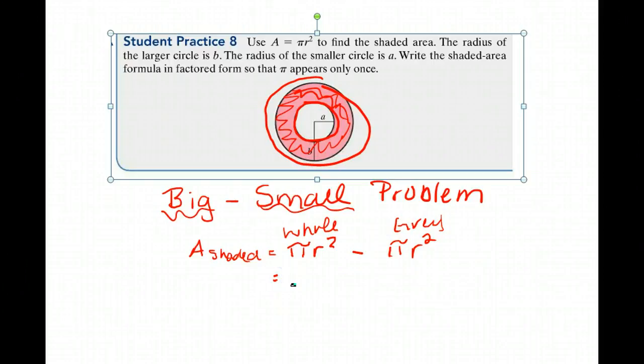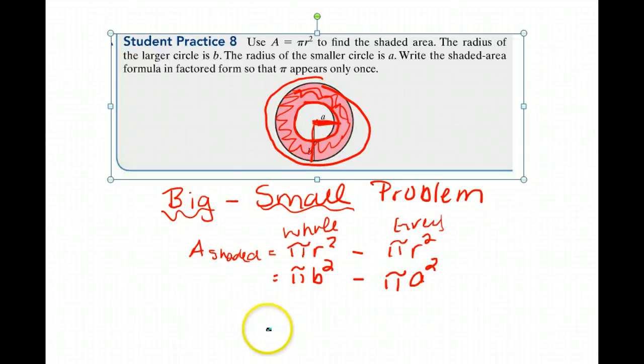So for the whole circle, which starting at the center and going out to the edge, its radius was b. So we'll plug that in. We have pi b squared minus the radius of just that gray circle is a. So that's pi a squared.